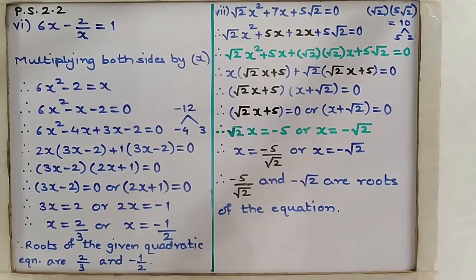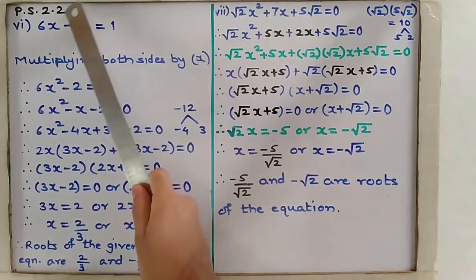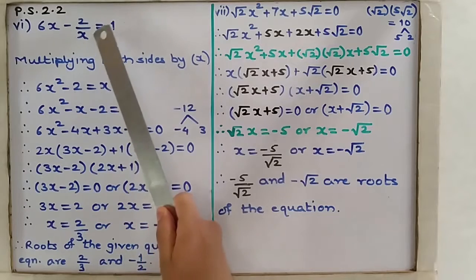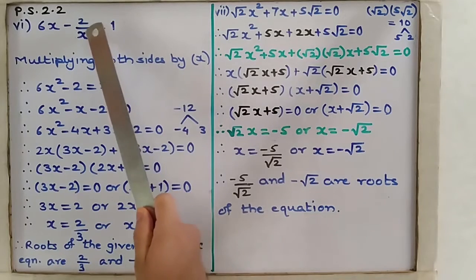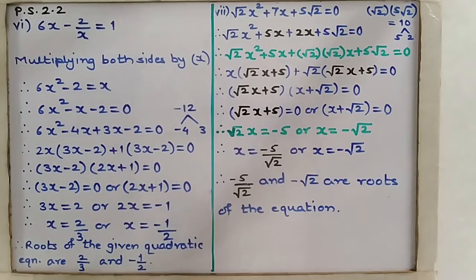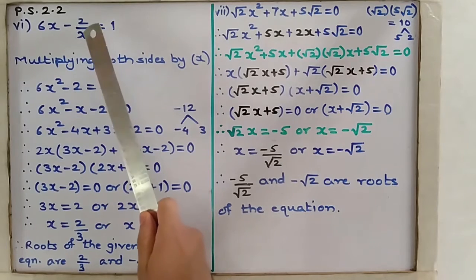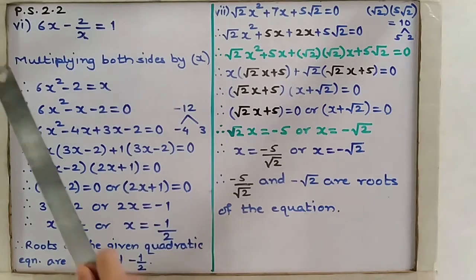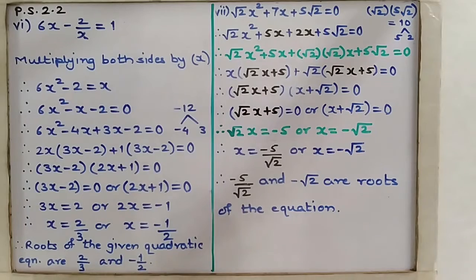Practice set 2.2, sum number 6. Question is 6x minus 2 upon x is equal to 1. Now this 2 upon x is in fraction form with x being in the denominator. So in order to eliminate the fraction, we'll multiply throughout by x.